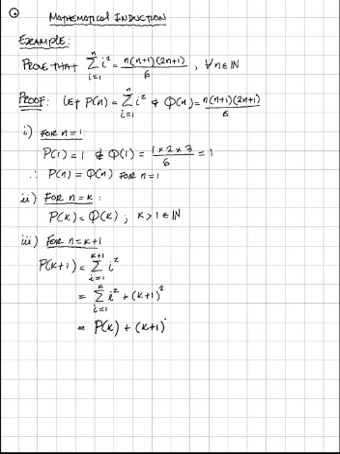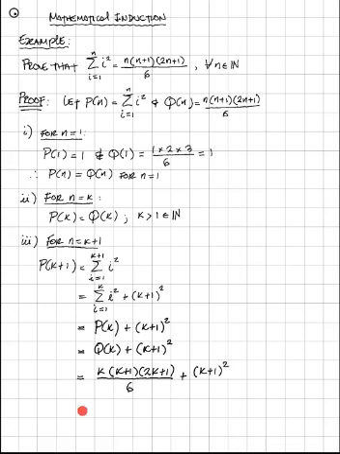But we know that P(k) is the same as Q(k), so this is Q(k) by our assumption. We have an expression for Q(k), which is k times (k+1) times (2k+1) divided by 6, and then plus (k+1) squared.